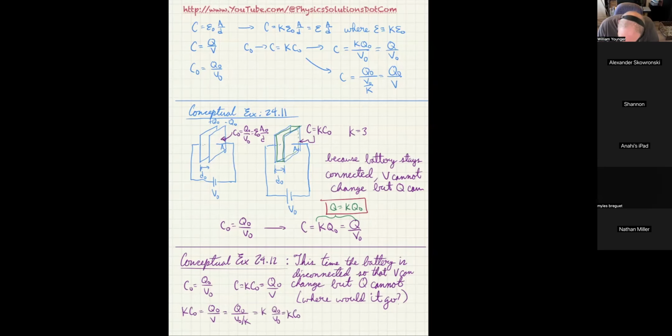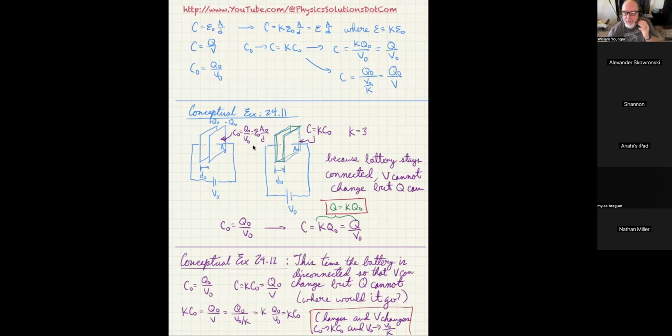So in this case, C changes from C0 to K times C0 and V changes from V0 to V0 over K. So that's the actual answer for this one. The Q will not change because it has nowhere it can go, at least not in a short period of time. Anybody have any questions on that?